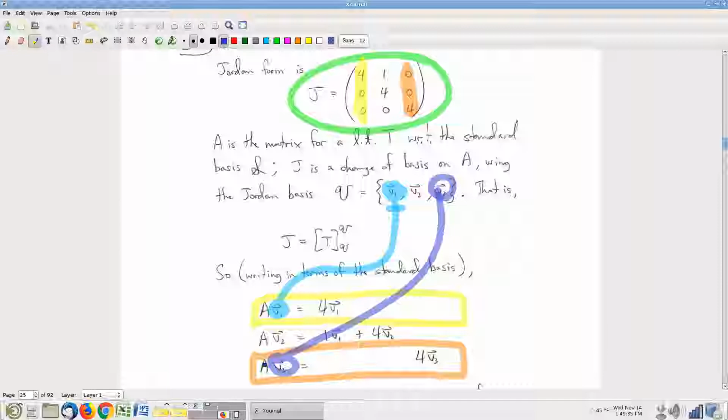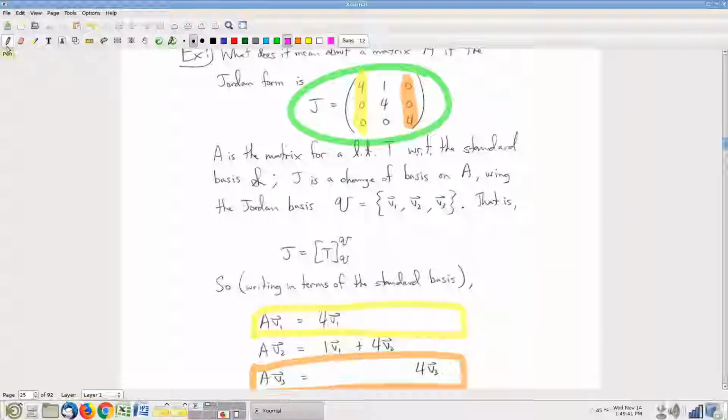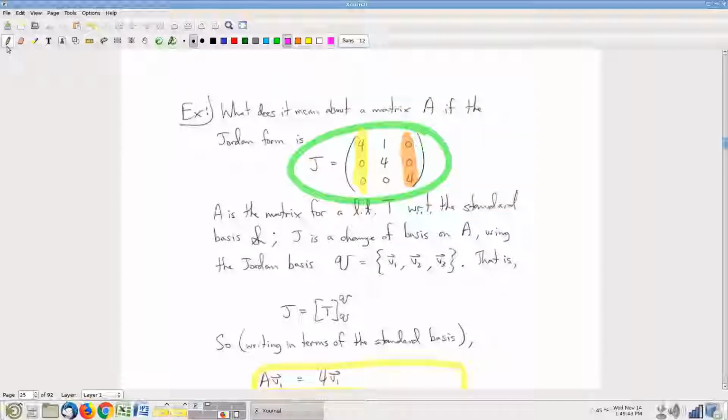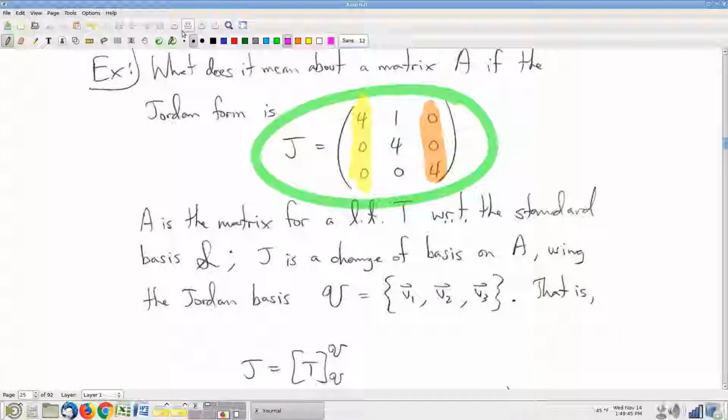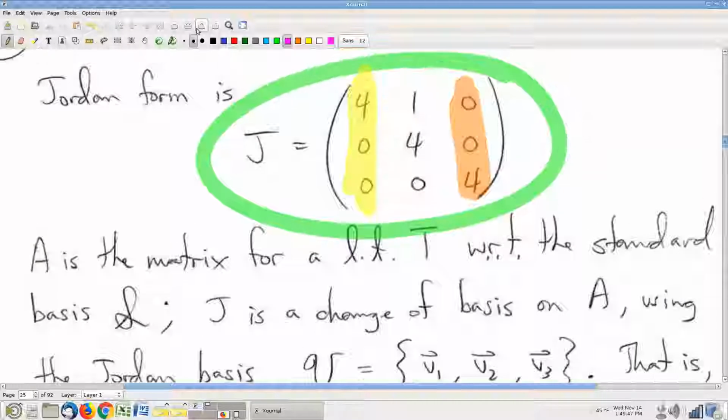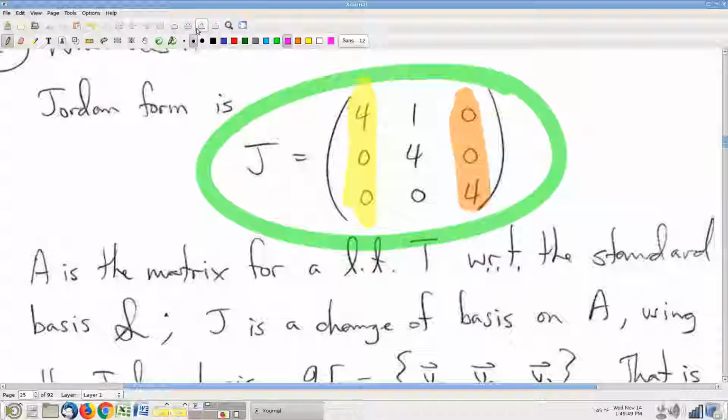Okay. Notice the connection to the basic Jordan blocks now. Let's draw our basic Jordan blocks in this picture. Let me zoom in one more. Here we go. The basic Jordan blocks are there and there.